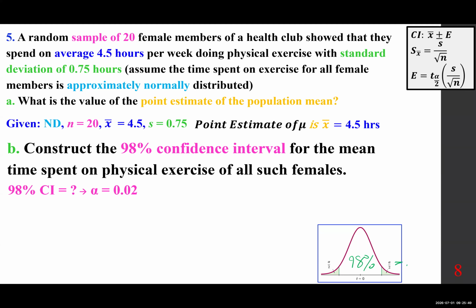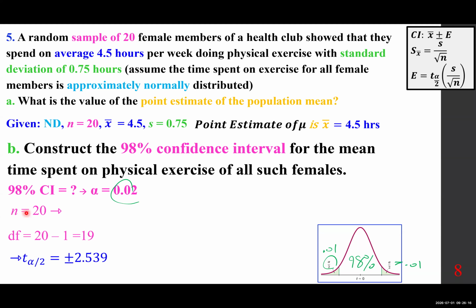So this is 0.01. Same thing here, 0.01, because this is 0.02. All right. N is 20, so we need degrees of freedom, which is N minus 1, or 19. And now you look up the table or you use technology to find the T is plus minus 2.539.